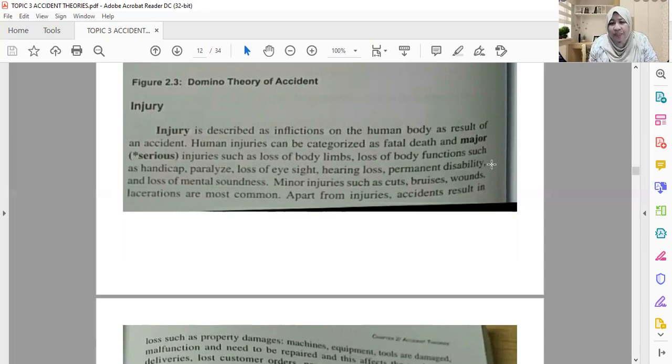It can be, it's not just because injuries are physical things that we can see, but when we're talking about mental soundness, nowadays most people are working from home, right, WFH ataupun BDR, bekerja dari rumah. So the work is like double, okay, double, triple somehow. And this is actually one of the factors that can lead to this loss of mental soundness.